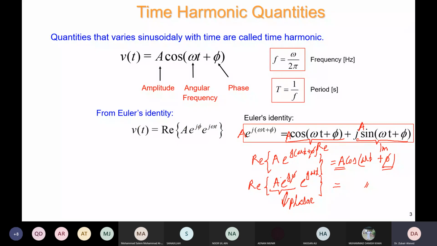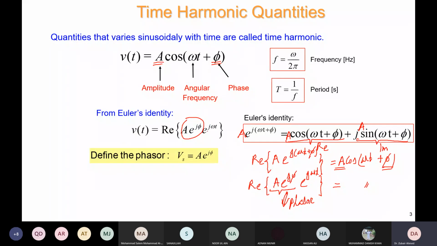Using the Euler identity, we can write this as the real part of A exponential of j phi times exponential of j omega t. When we write it in this form, this complex quantity which represents the magnitude and phase of the time domain signal is called the phasor.